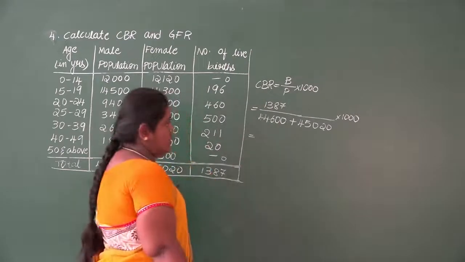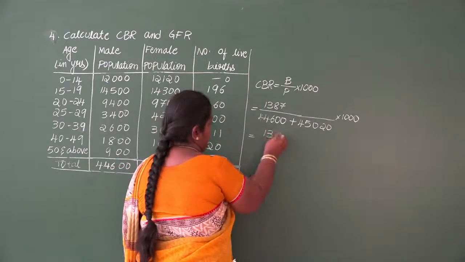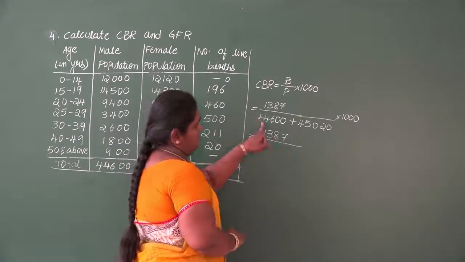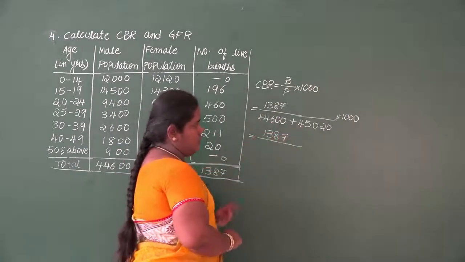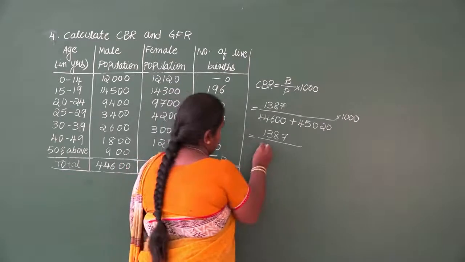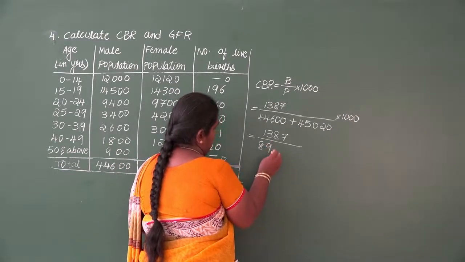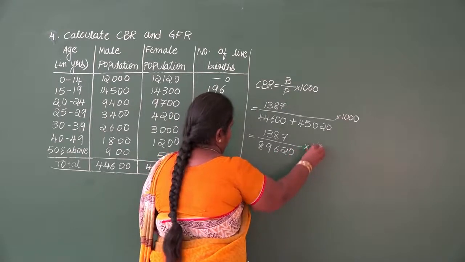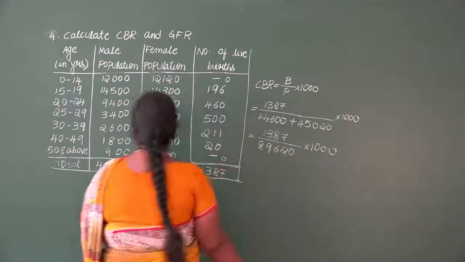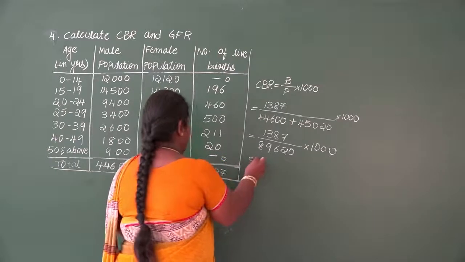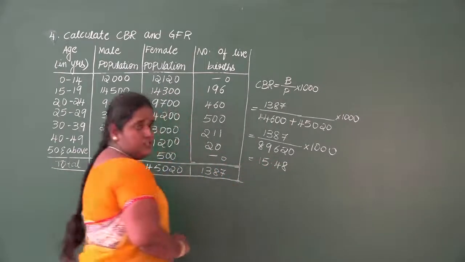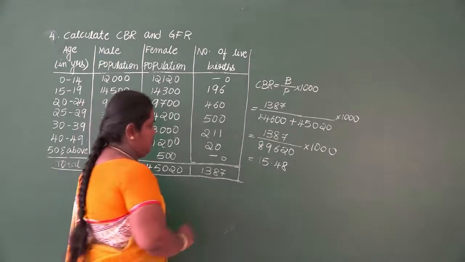So now 1,387 we write as it is, divided by, we have to add now 44,600 and 45,020. So you'll get it as 89,620 into 1,000. So we'll get the value as 15.48. So the CBR value is 15.48.